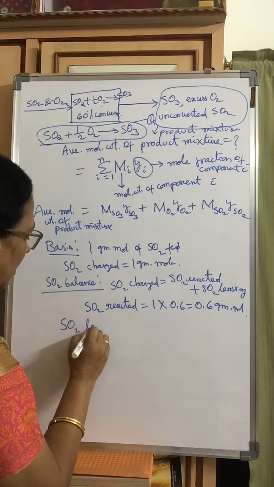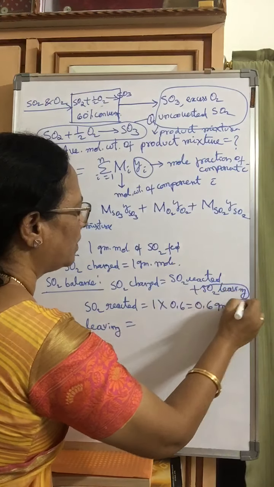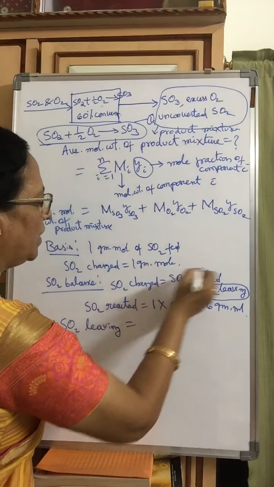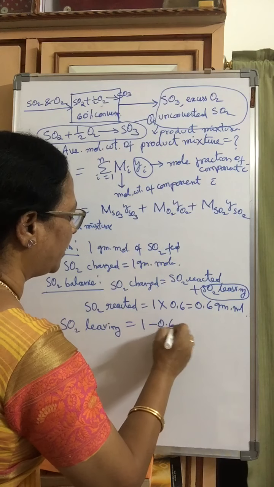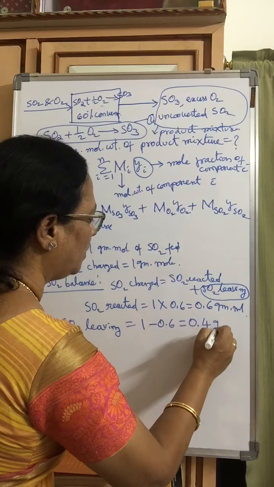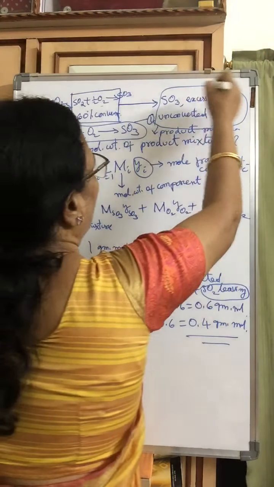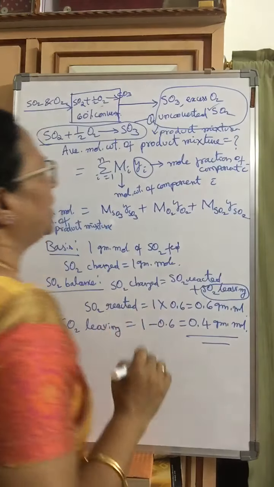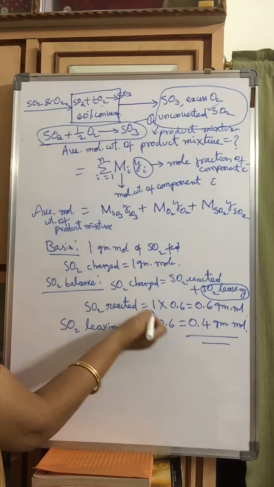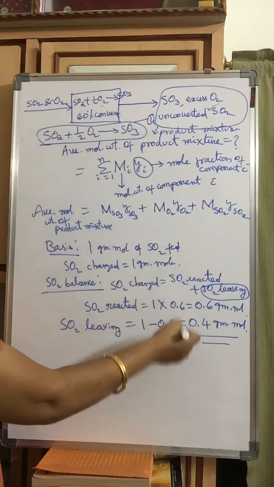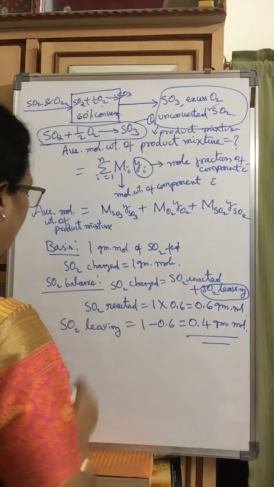SO2 leaving is SO2 charged minus SO2 reacted: 1 minus 0.6, that is 0.4 gram moles. This is the SO2 balance, so put a tick here, the SO2 calculation is completed. Or in another way, 60% is converted and the remaining 40% is leaving. Okay, next.